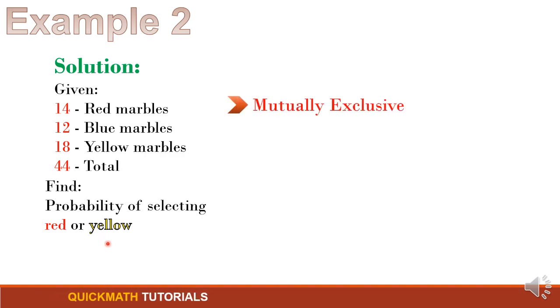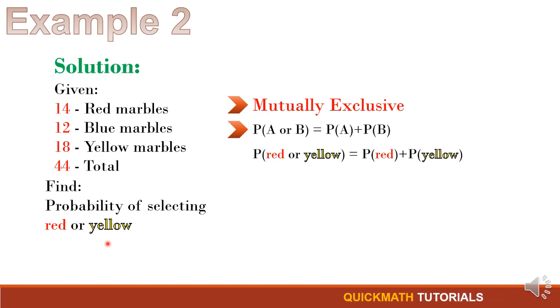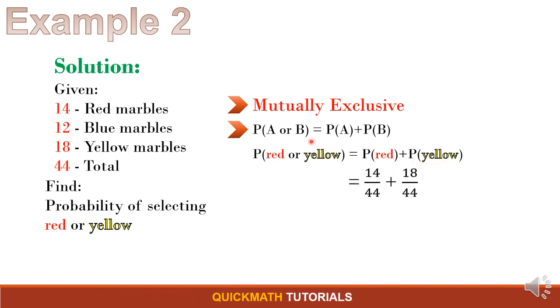So we can use the formula, the probability of A or B, which is equal to the probability of A plus the probability of B. So our event A here is getting red, and our event B here is getting yellow, which is equal to the probability of red plus the probability of yellow.